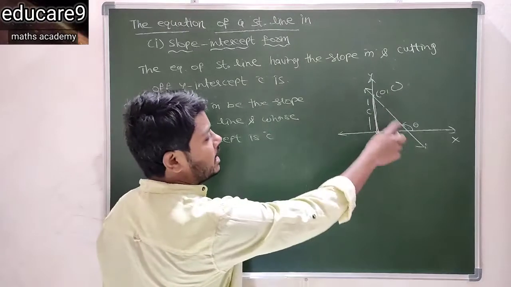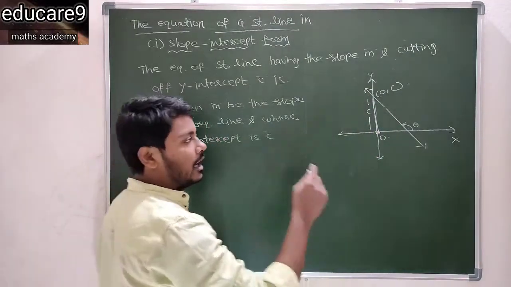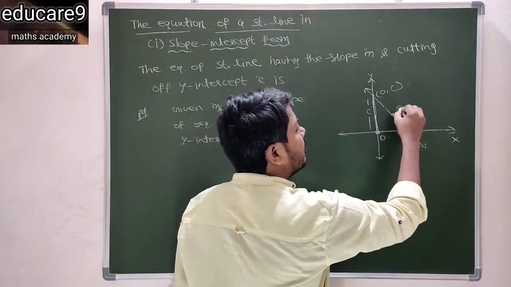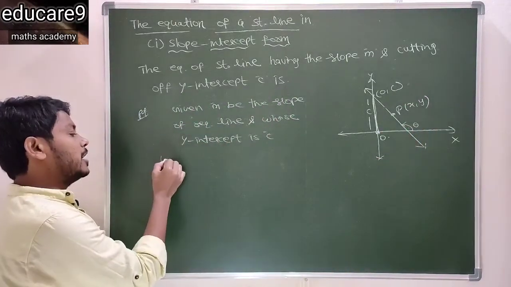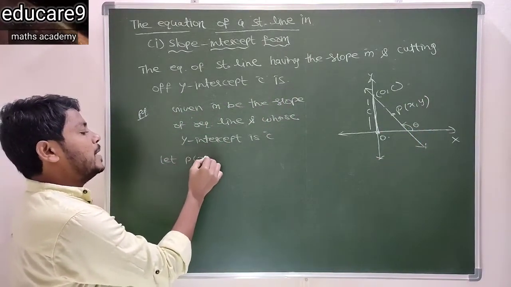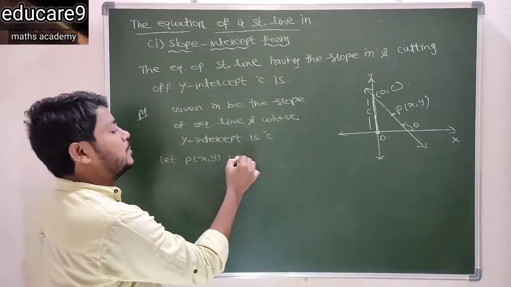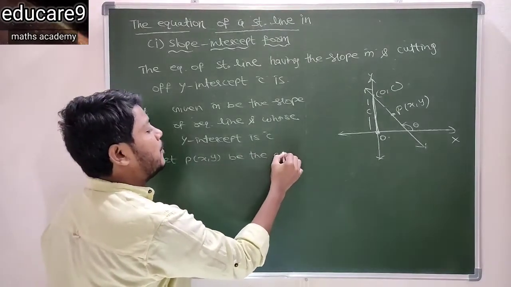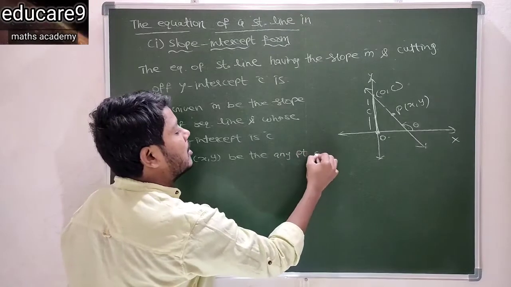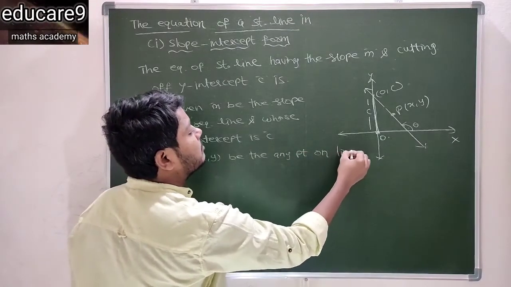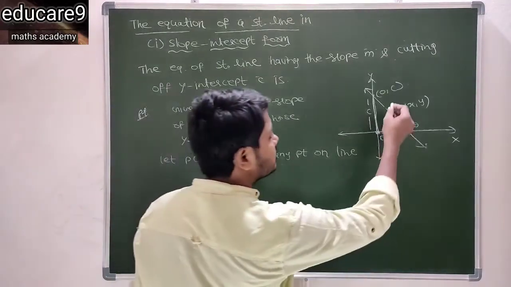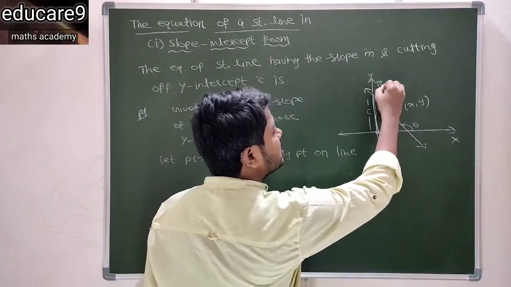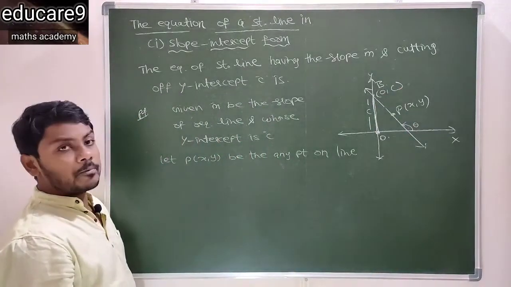For finding the equation of the straight line, let P be any point on the line. I am assuming P(x, y) is any point on the required line. Suppose this is B. What is the slope of PB?